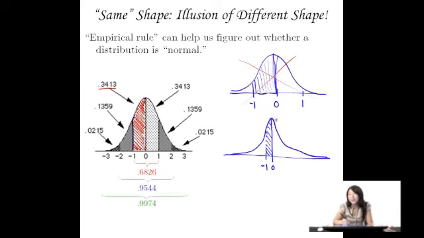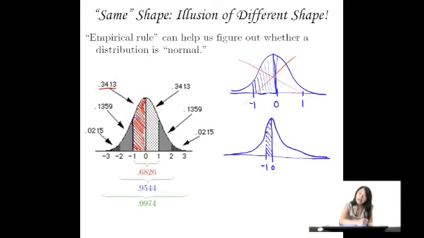And because of that, even though it looks sort of too skinny, it actually is a normal distribution. Whereas this one, it looks like a perfect, very typical normal distribution, but it's not because the area doesn't fit. So that's one thing you need to know, that 34%.